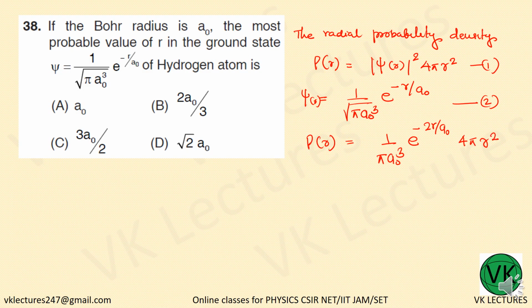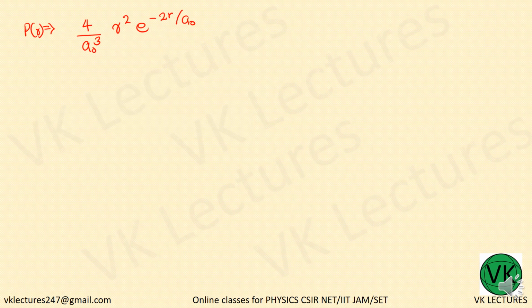So let's rewrite that: 4 divided by pi, and pi we can cancel out, a0 cube, then r square e to the power minus 2r divided by a0. So this is P of r. Now we have the probability density P of r equal to 4 by a0 cube r square e to the power minus 2r divided by a0.